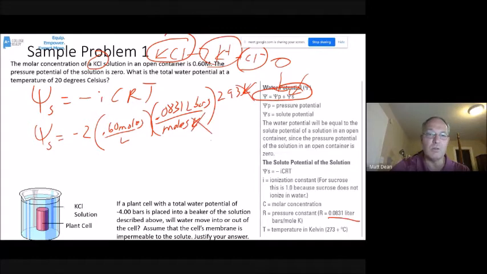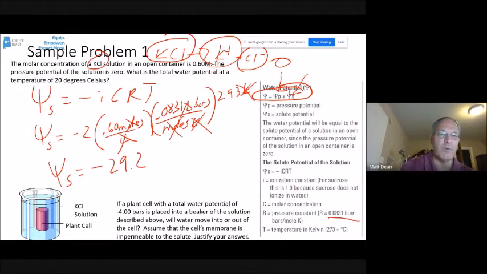So K's cancel, moles cancel, liters cancel. We're left with bars. Let's multiply. So let's go 293 times 0.0831 times 0.6 times 2. And let's not forget this negative sign out in front. It's really important. So we end up with a water potential of negative 29.2 bars.